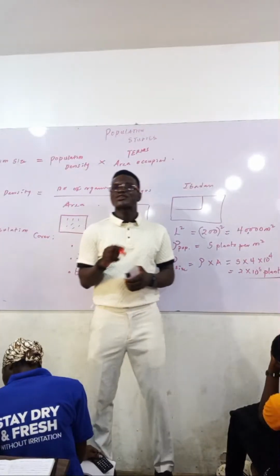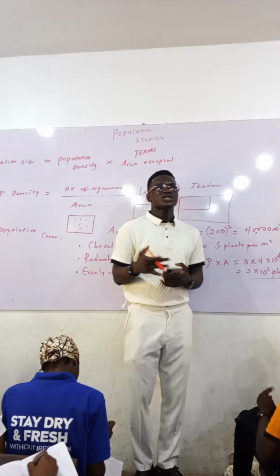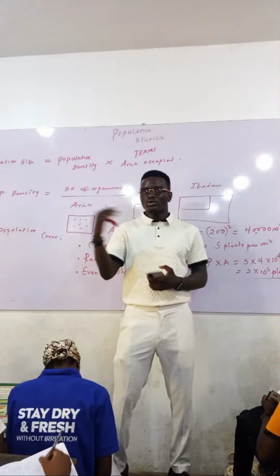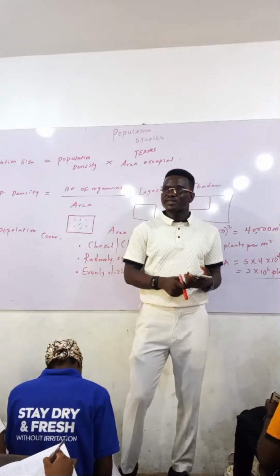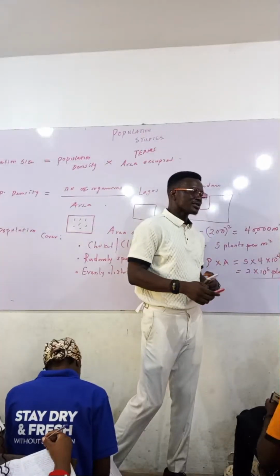Right. Next one, next definition, population dynamics. I hope you are okay with those first parts. I'm only asking you questions because I know they can sound confusing at times. They might be very simple, but sometimes they sound confusing. Population dynamics.